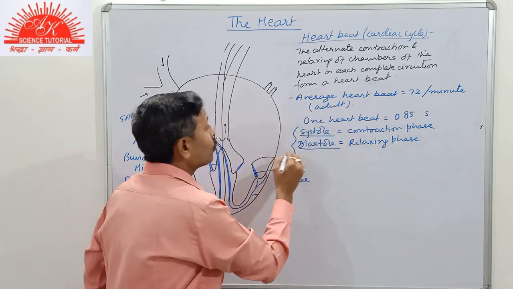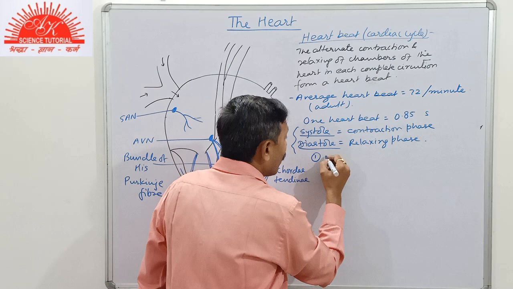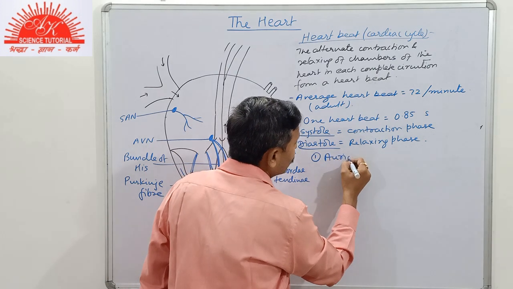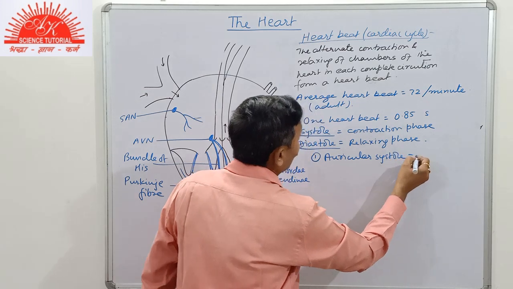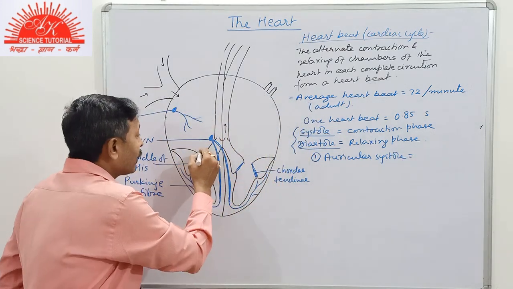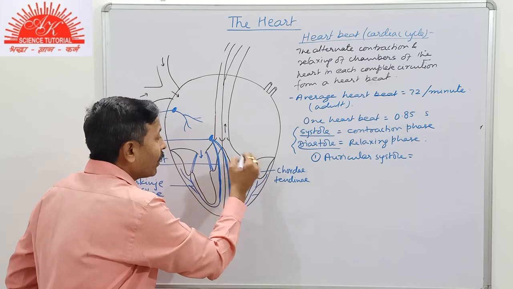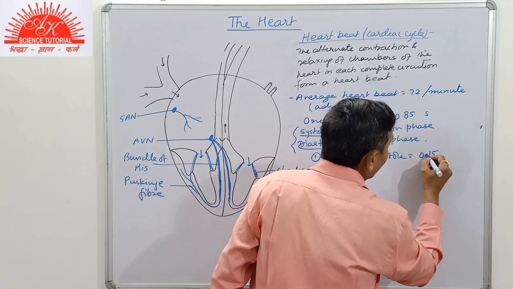So using these two terms, we write here first auricular systole. That is when the auricle contracts. In that case, the blood is pumped into the ventricle. Now it is for 0.15 second.